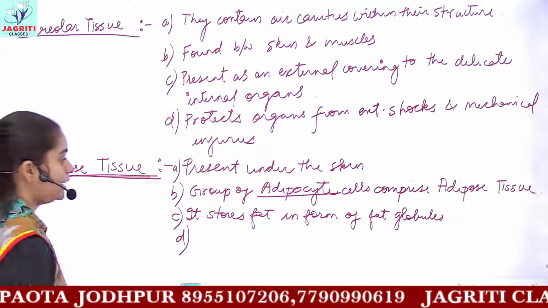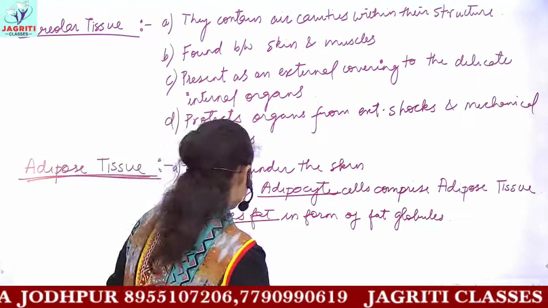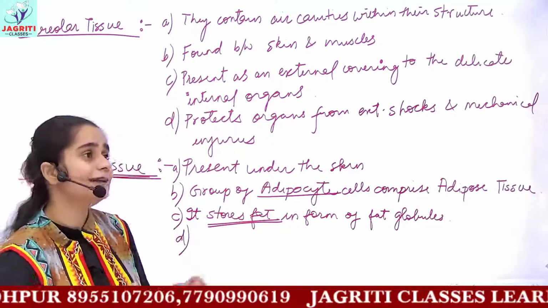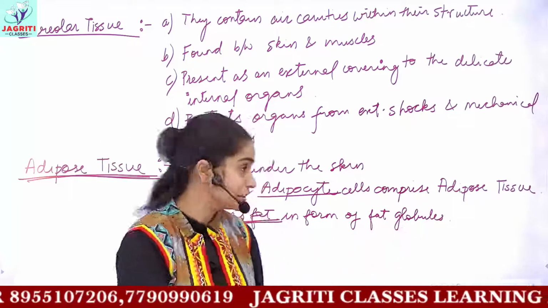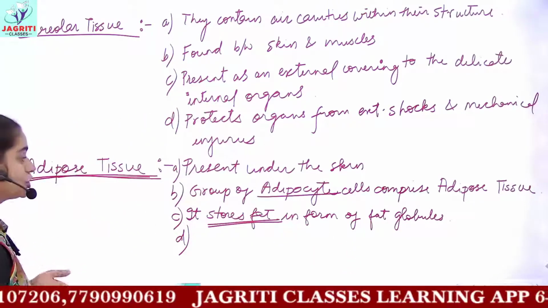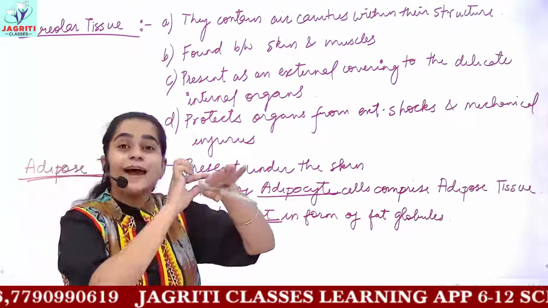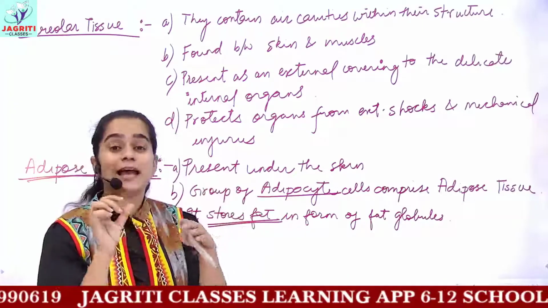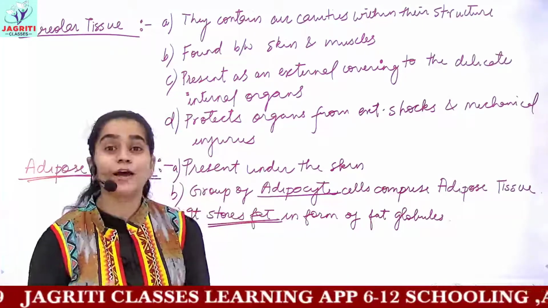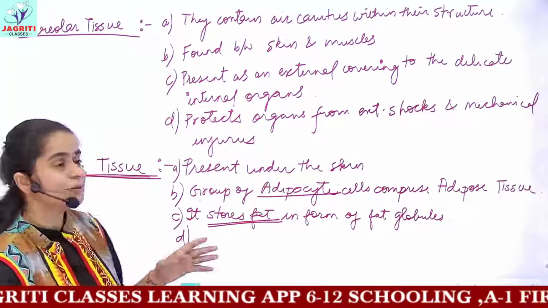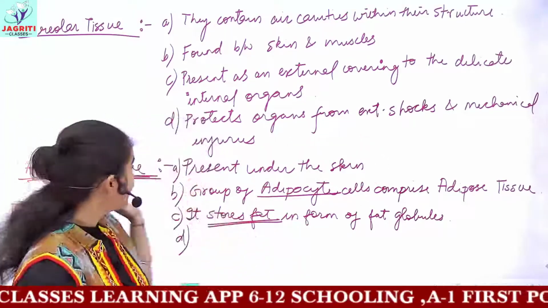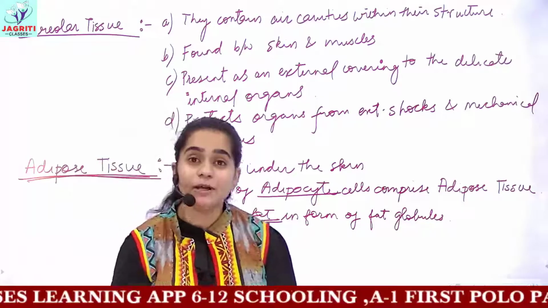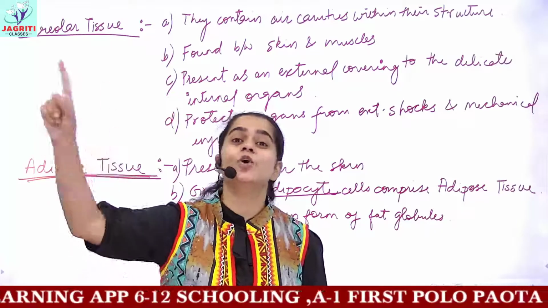Next, it stores fat, and the quantity of fat is different in different organisms. In turn, this fat layer also helps as an insulator for our body. This adipose tissue is highly developed in organisms found in colder habitats.